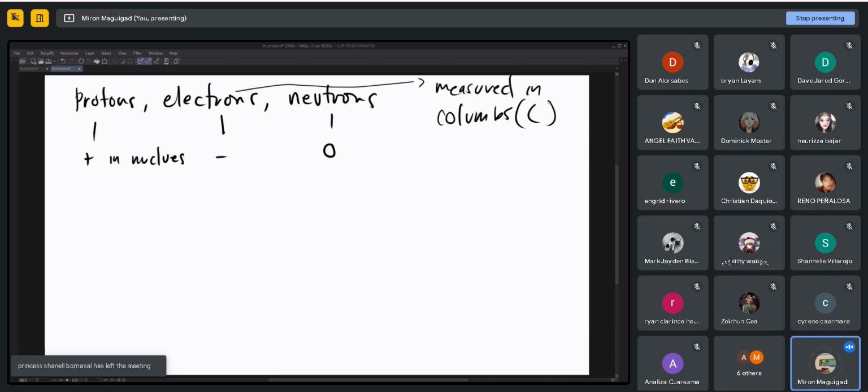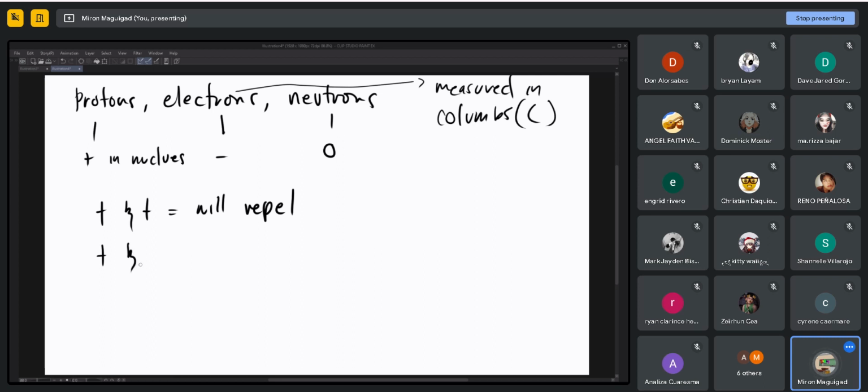So the law of charges states that like charges, meaning positive and positive, will repel. Then unlike charges like positive and negative will attract. So sana nakakasunod tayo. Next.